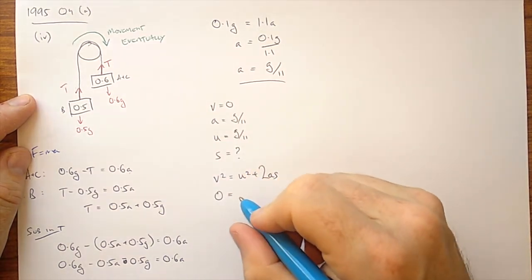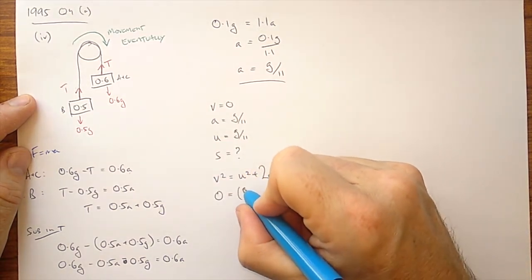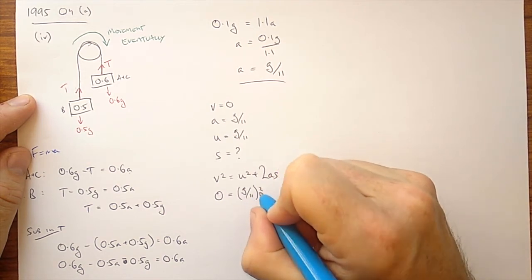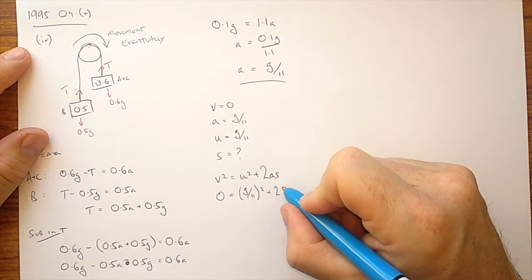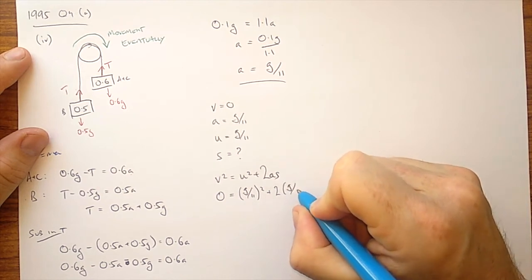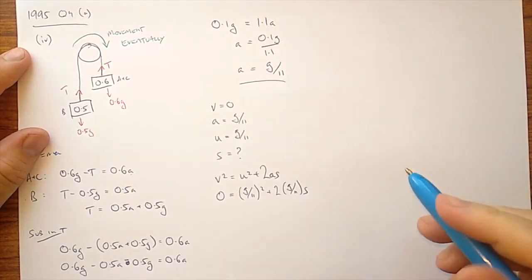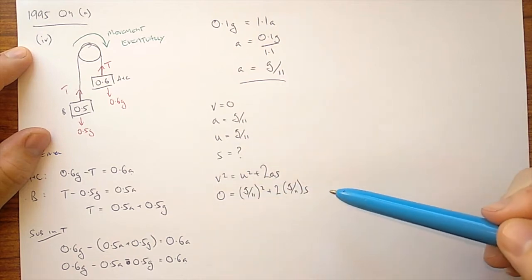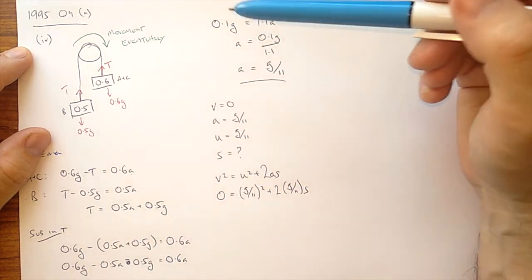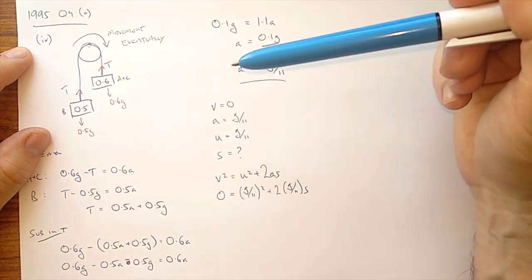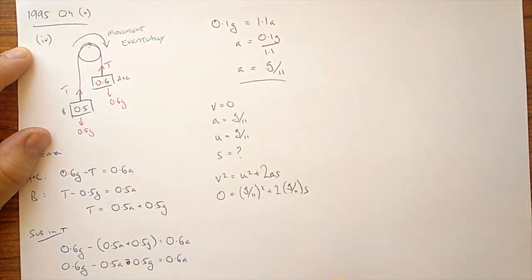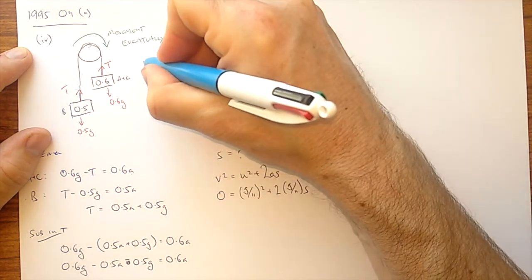0 equals g over 11 squared plus 2a g over 11 by s. Now, you can see a little problem emerging here because we have an issue with some signs. Okay, and sometimes in these questions you can apply a small bit of common sense and work out the signs. But strictly speaking, we are looking for a distance, how much further up it goes.